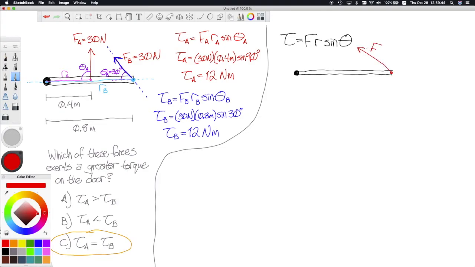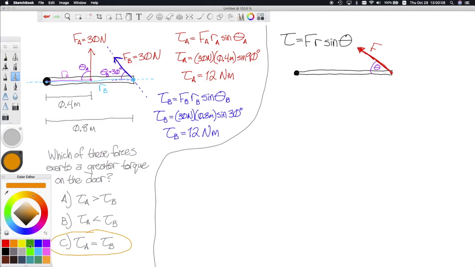So this is the force that we're going to be considering, and I'll give it a specific angle that we have from the axis here. So whatever this angle is, that would be given to you as theta. You can just plug in F and R and sine of theta if you want to.